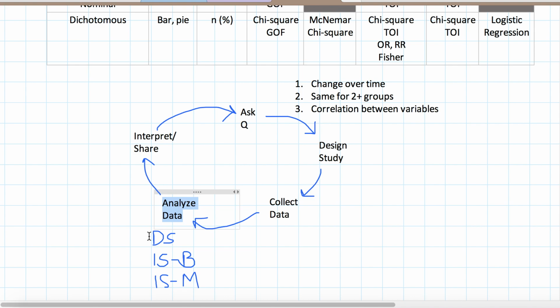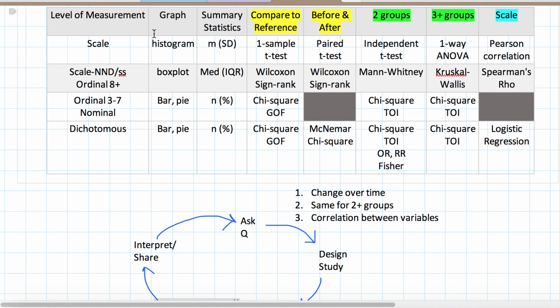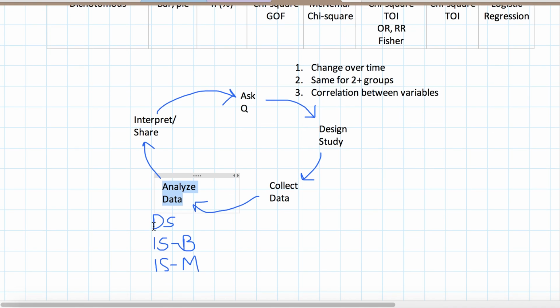And that's what this is in terms of the DS, or descriptive statistics. So describing it, what we talked about above here in terms of creating graphs, these summary statistics, mean and standard deviation for each scale variable, and in percent, median and interquartile range, that sort of thing. And so we're just simply describing one variable at a time.